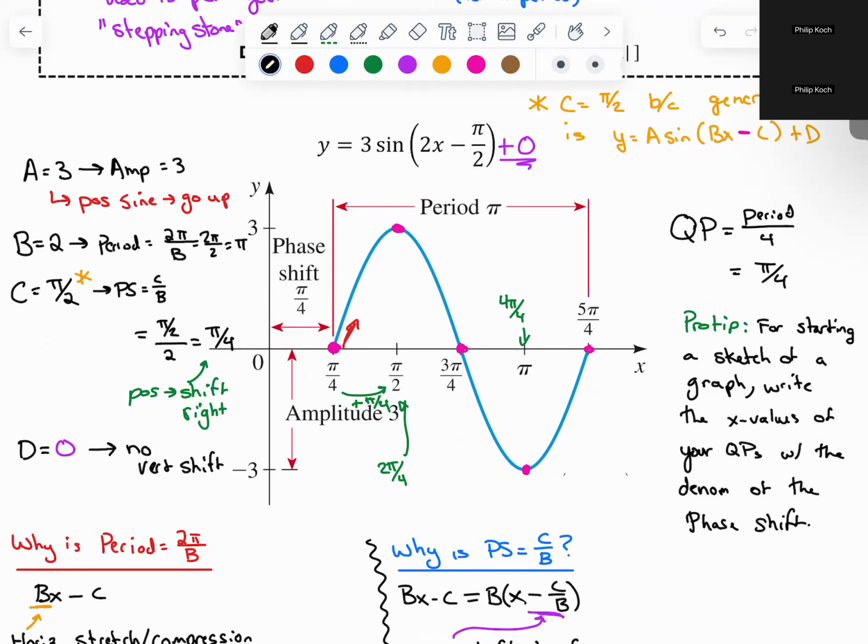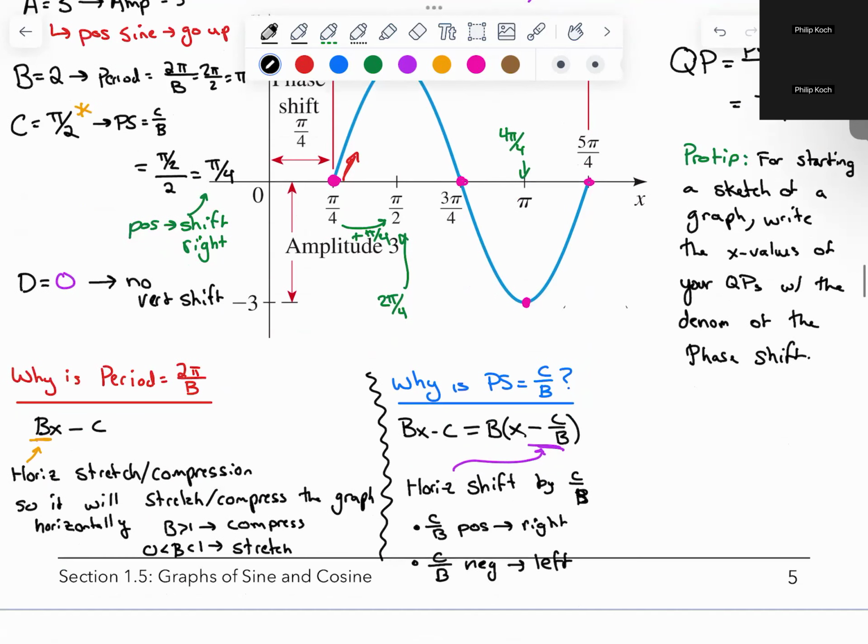So for example, we can even put a little specific example if you have space at this point. As an example, if your QP was pi over 2 and your phase shift was pi over 6, write QP as 3 pi over 6.